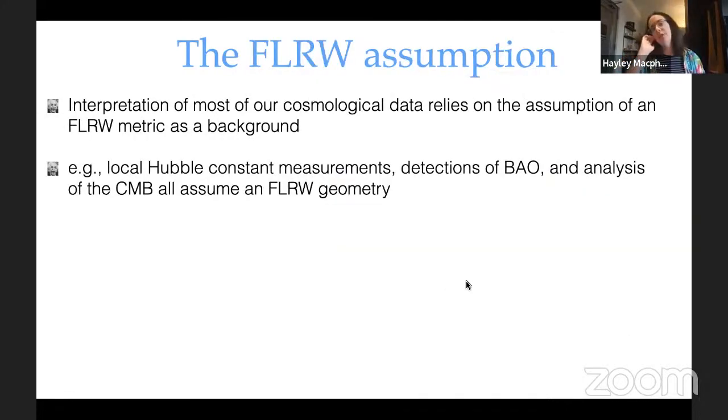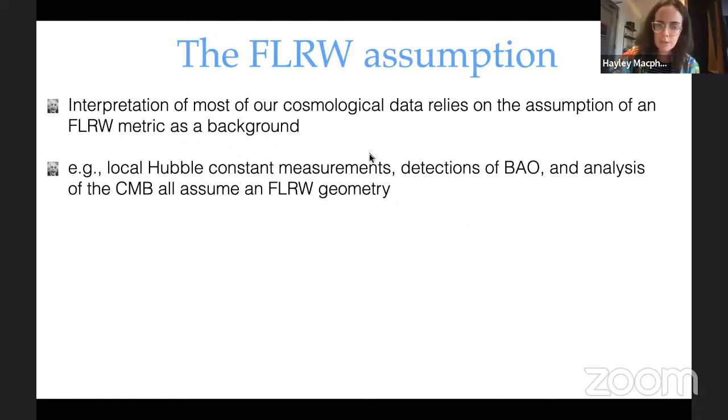And in addition to these assumptions, the actual interpretation of most of our cosmological data also relies on the assumption of an FLRW metric as a background description. And so, for example, the measurements of the local Hubble constant, the detection of the baryon acoustic oscillation feature, and the analysis of the CMB all rely on an FLRW geometry.